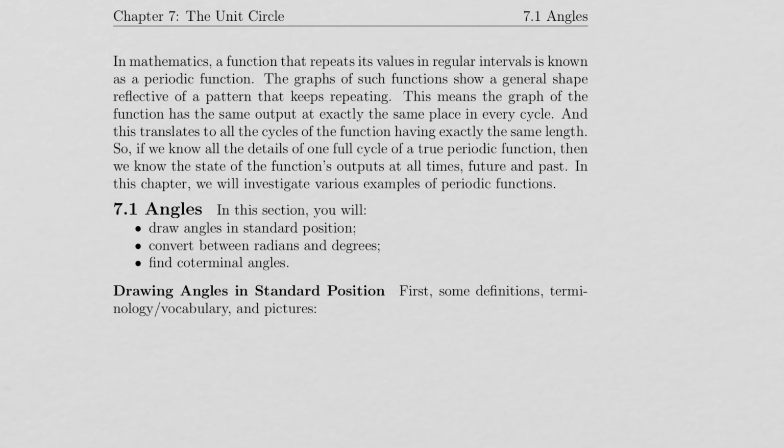Okay, so in mathematics, there are some functions that repeat themselves in regular intervals. These are known as periodic functions. And one example is what's called a sine function. And let me just see if I can sketch this here. So a sine function looks like this.